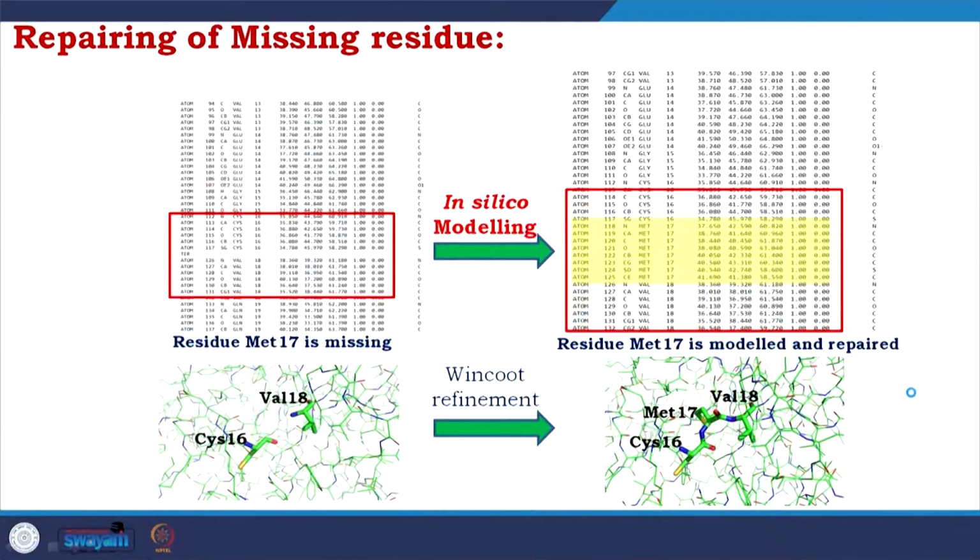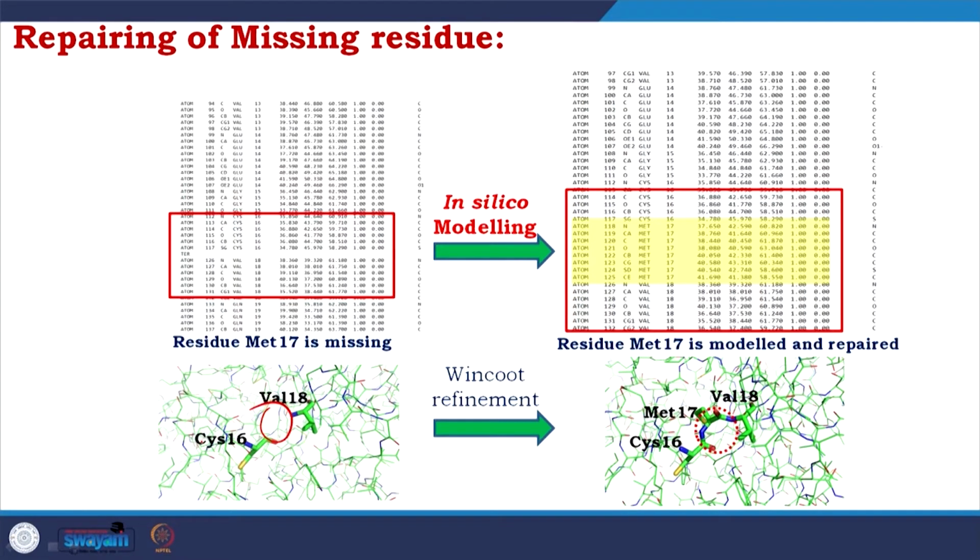So, what we did was refinement. What does refinement mean? I have already explained many times. Refinement is when you have the atoms and you make a change, and based on the already established library, you push it towards energy minimization, that is called refinement. So, here you see methionine 17 has appeared, whereas it had not appeared here.